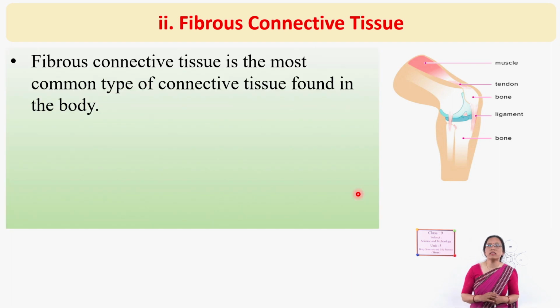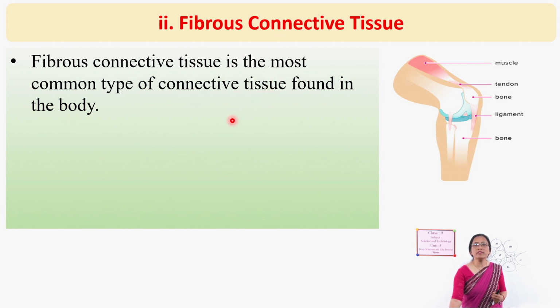This we have seen in the muscular tissue. There are different types of muscular tissue we have studied. In skeletal muscle, we said that skeletal muscle covers the bone. These are directly attached to the bones. How are they attached? By this fibrous connective tissue.